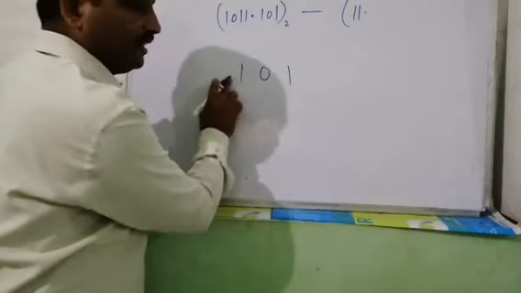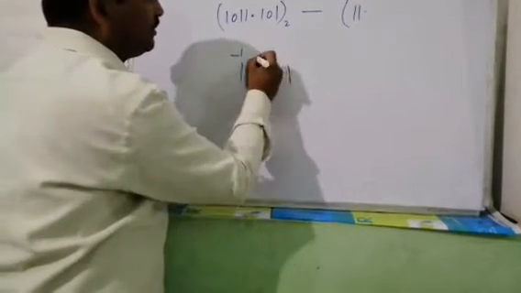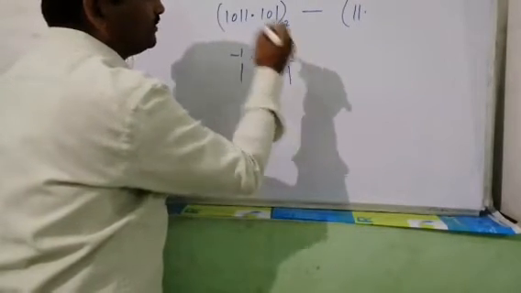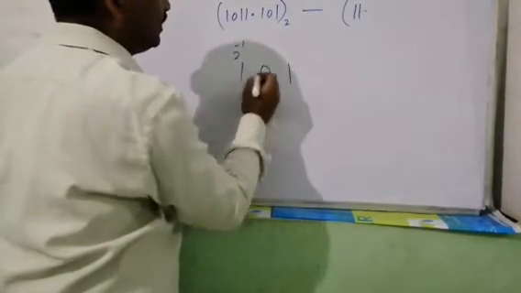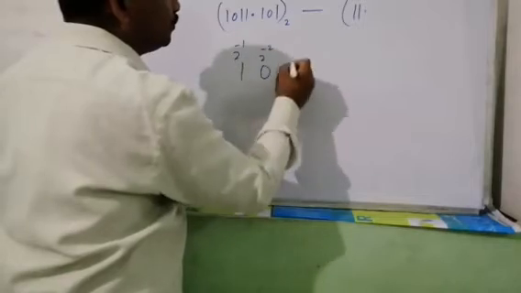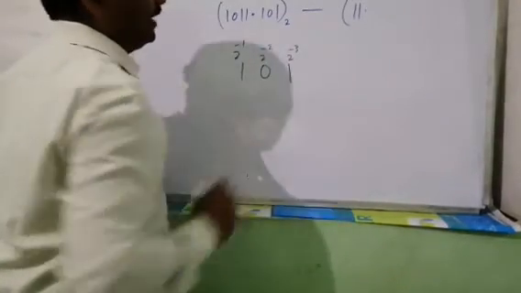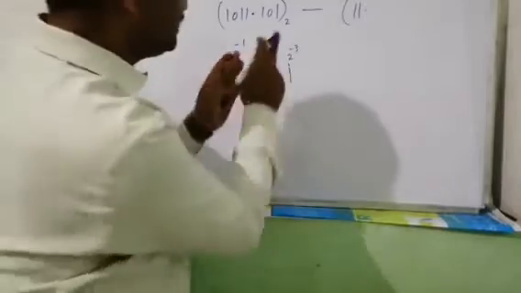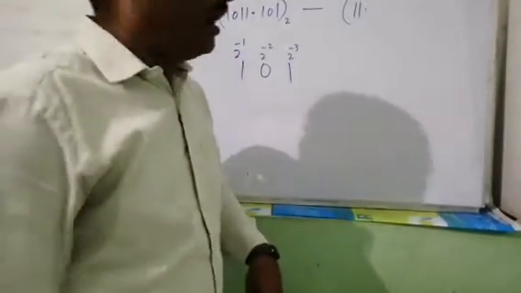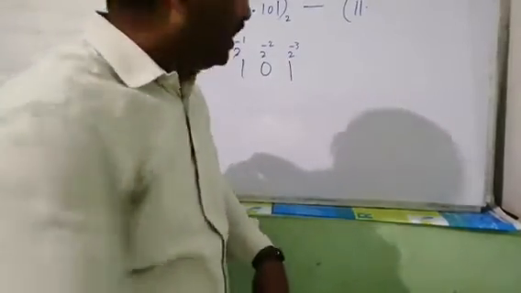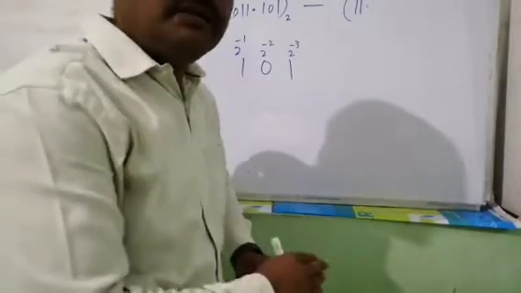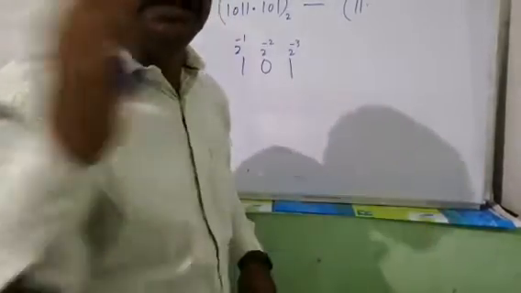MSB is this side. So it will be -1, -2, -3. Or we can say 2 to the power -1, 2 to the power -2, 2 to the power -3. This is the weight of its position. If there are many digits, it will go on, -1, -2, -3, -4, -5 and so on.